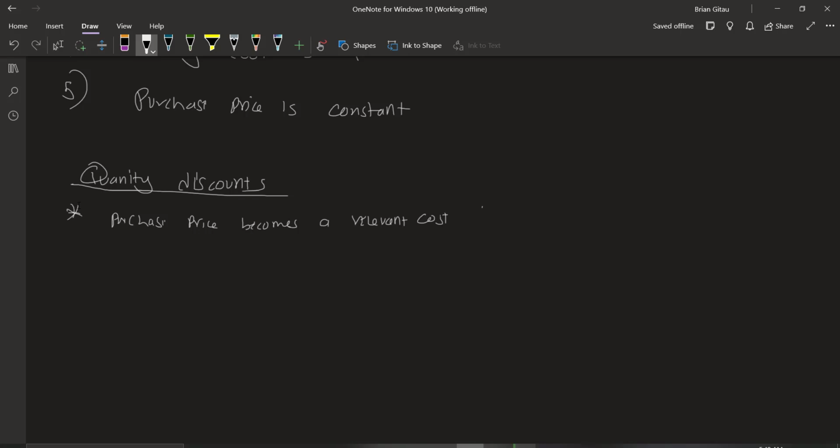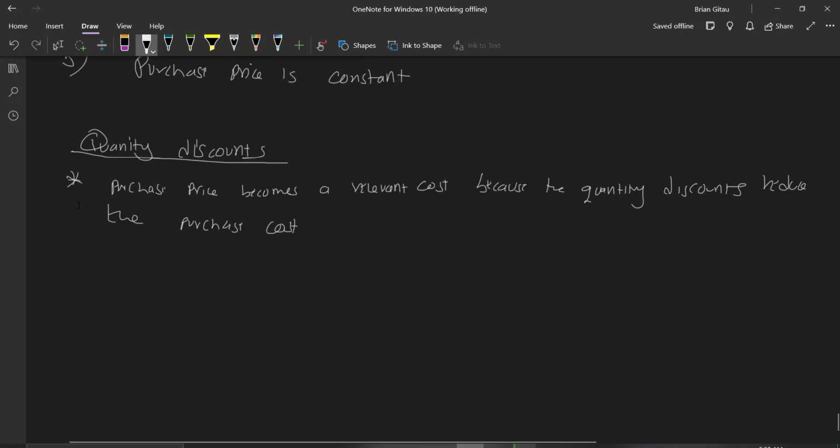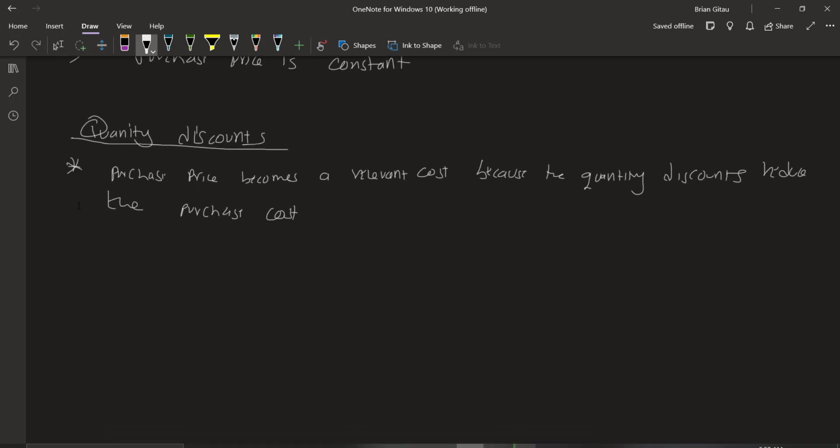Because the quantity discounts reduce the purchase cost.